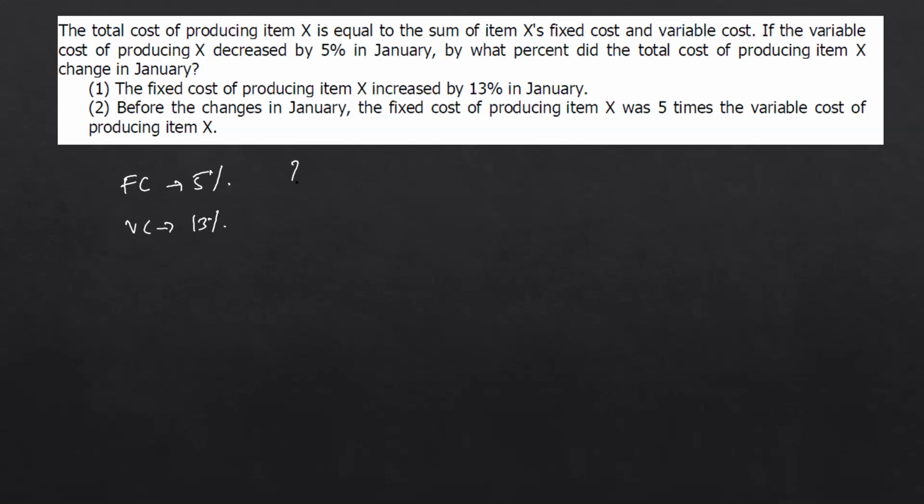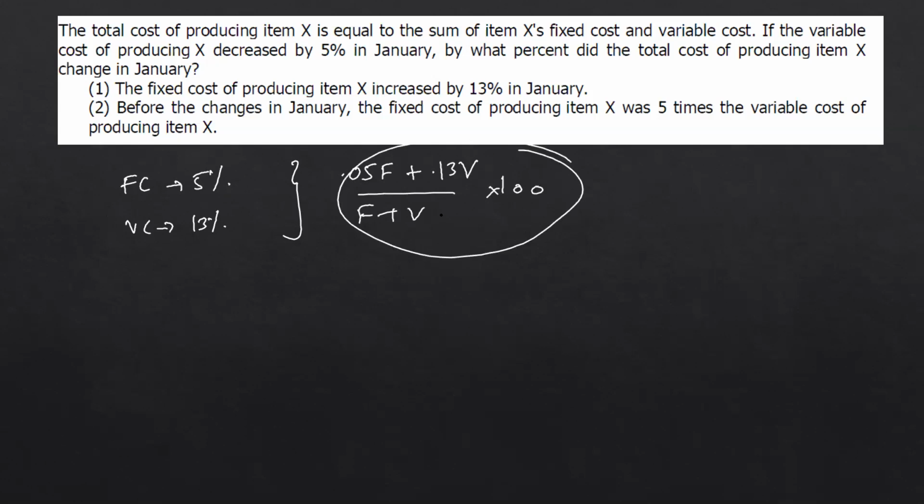So my percentage change, if I'm assuming there's just one unit, is 0.05 fixed cost plus 0.13 variable cost, divided by fixed cost plus variable cost, into 100. That is my percentage change. So that will not give me the answer.